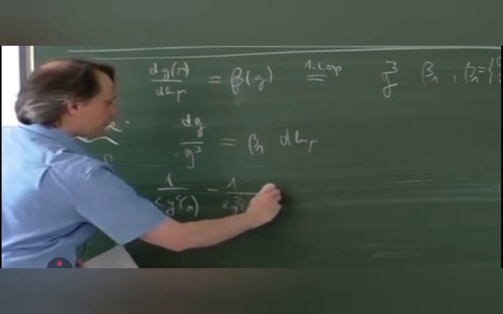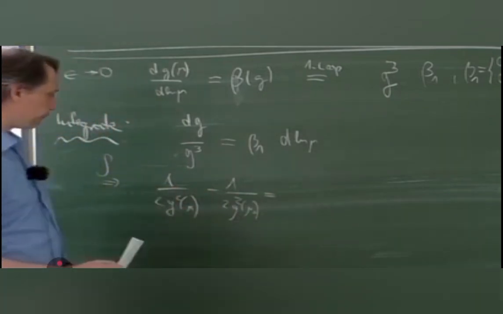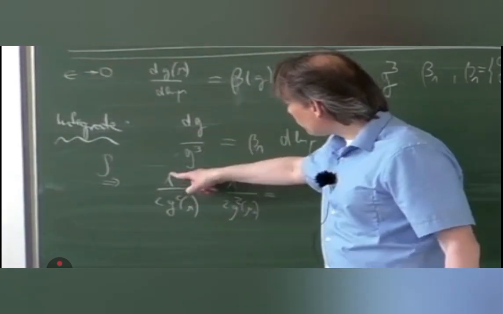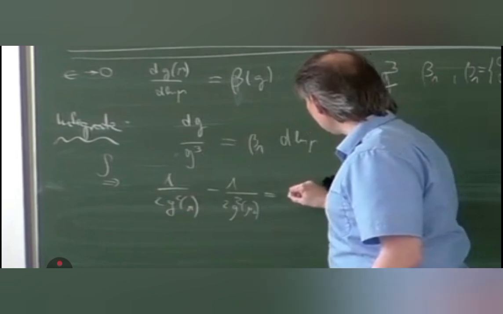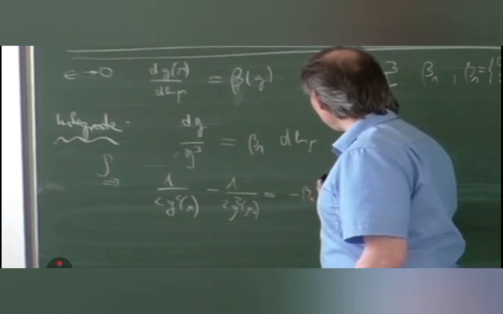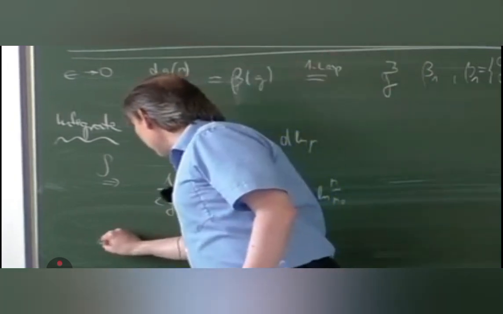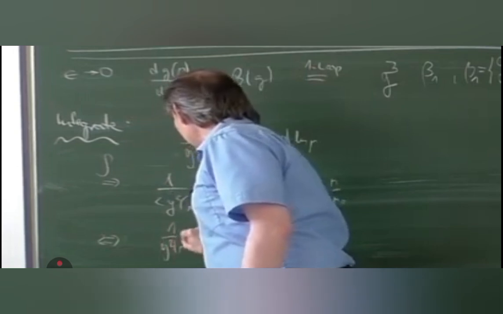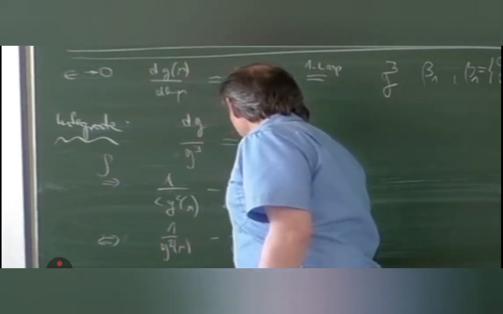So the difference between two couplings at two different scales. So since the integral was minus 1 over 2 g square, on the right hand side we have then minus beta 1 times ln mu divided by mu 0, or equivalently 1 over g square of mu minus 1 over g square of mu 0 is given.